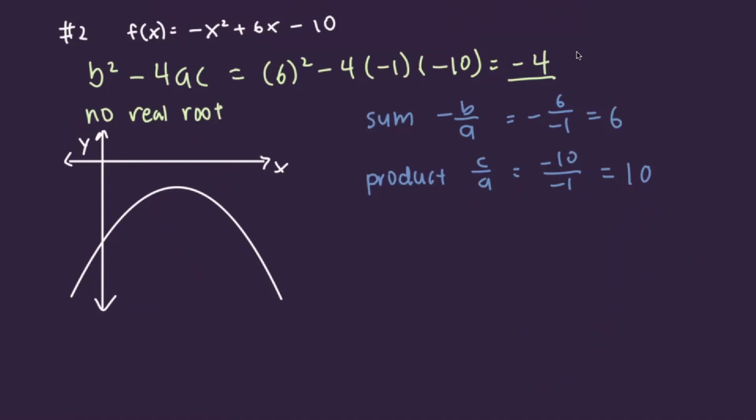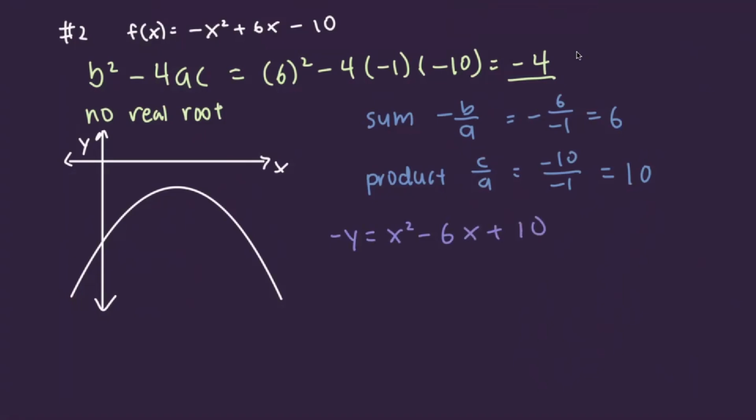But here, let's find our vertex. Because we don't have our real roots to find the average of, we need to convert this quadratic into its vertex form. Since our x squared is negative, let's multiply both sides by negative 1 so that our x squared is positive, which is easier to work with. So we'll have negative y equals x squared minus 6x plus 10.